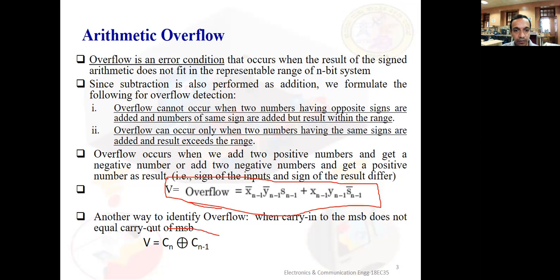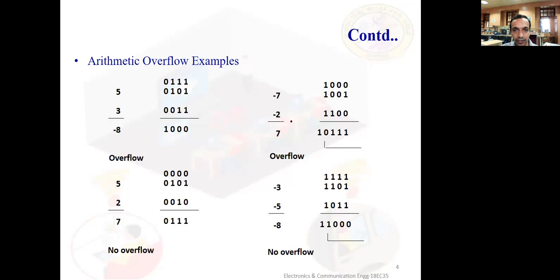That condition is given here in the last equation. If I have a flag V to indicate this overflow, then V is the exclusive OR of the carry into the nth position and the carry into the n-1 position. We'll take an example and check that here.